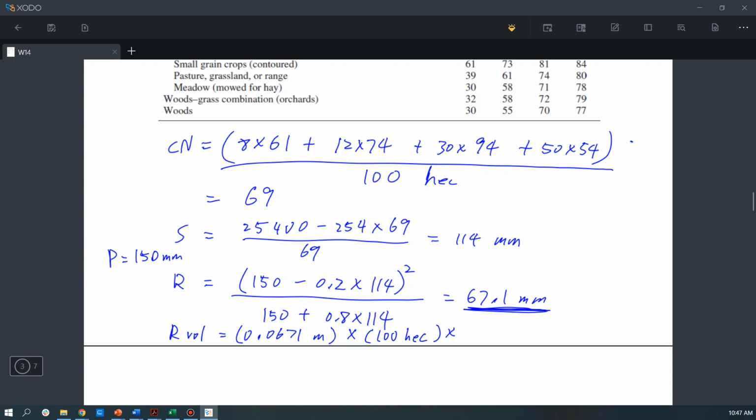And we also need to convert this to the square meter, which is 10,000. 1 hectare is equal to 10,000 square meter. So we can get the runoff volume is 67,100 cubic meter.